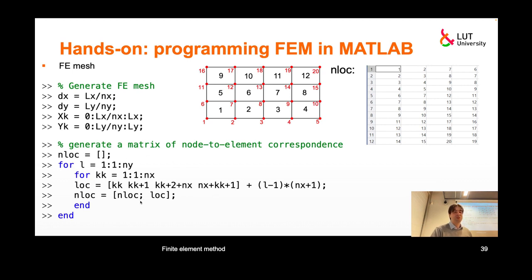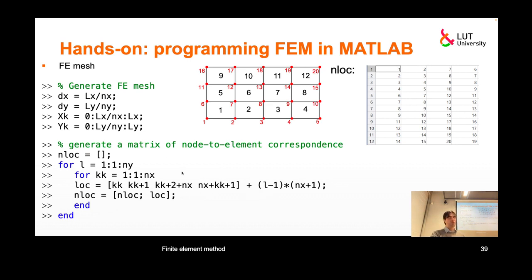I make a loop according to the number of nodes in y direction, and inside it I have a loop over the number of nodes in x direction, and on each iteration of both of those loops I add this line to my matrix.